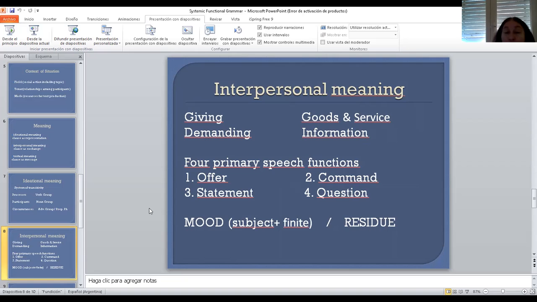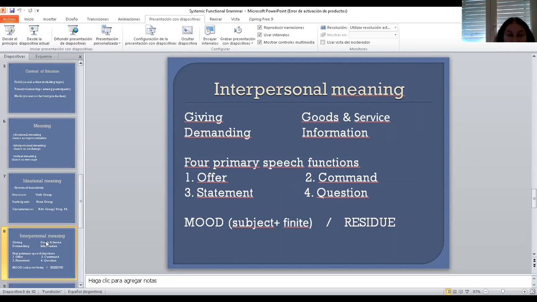An offer as a speech function could correspond to giving goods and services. A statement would correspond to giving information. A command would correspond to demanding goods and services, and a question demanding information. So he develops the categories of mood and residue to try to account for the different possible combinations related to interpersonal meaning.